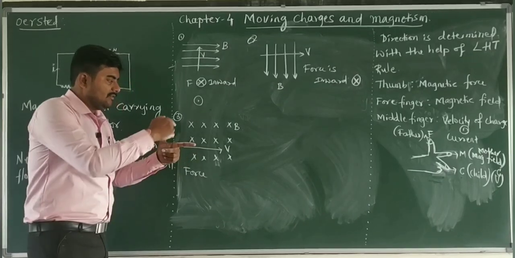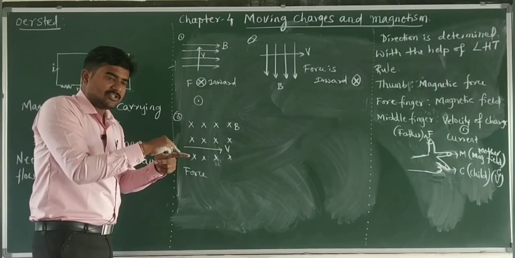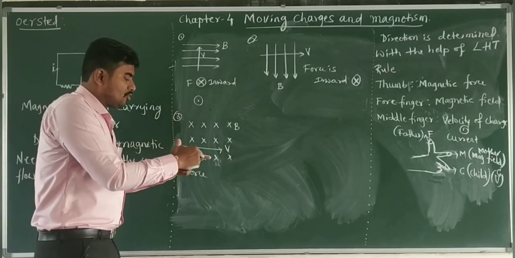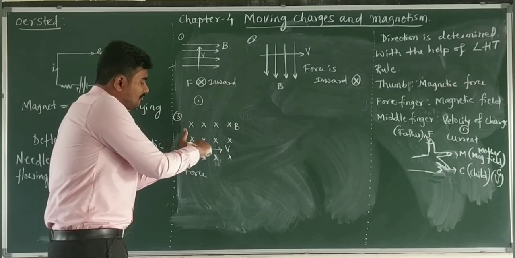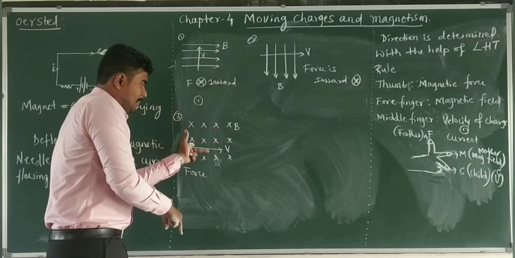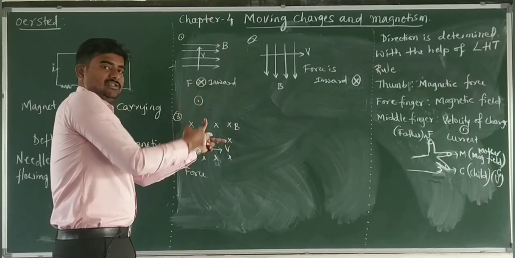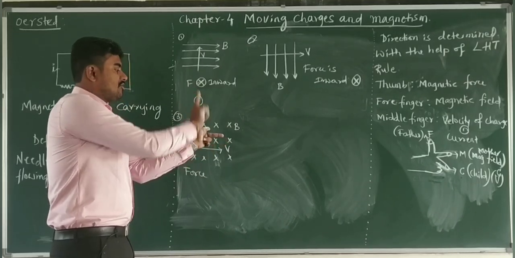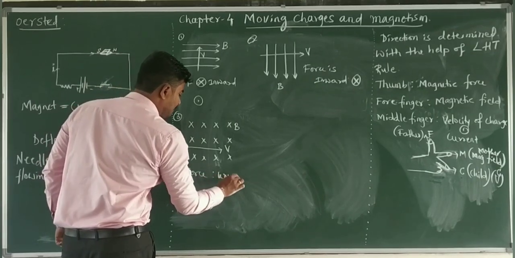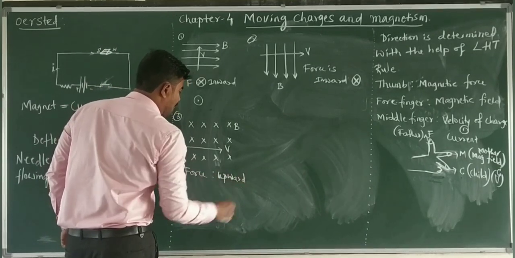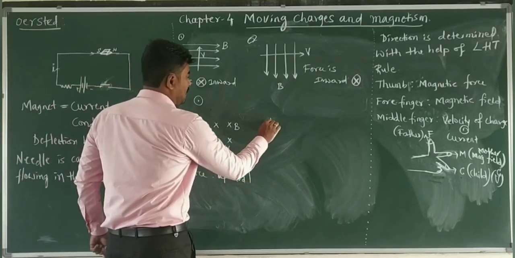Once again the forefinger has to be that direction of magnetic field, and the direction of magnetic field is inward. Okay, and the velocity of charge is in this direction. Therefore this is the direction of force, and direction of force will be upward, like this. Okay, and one more.